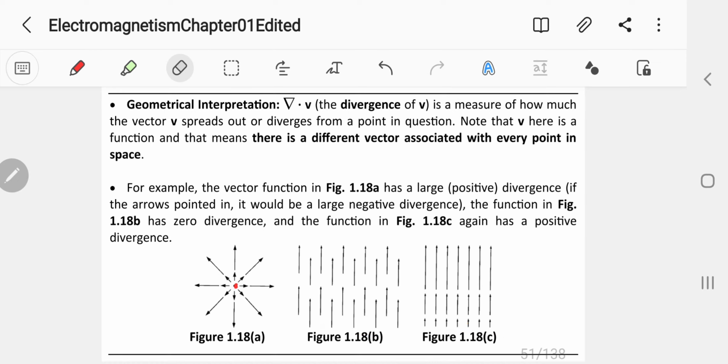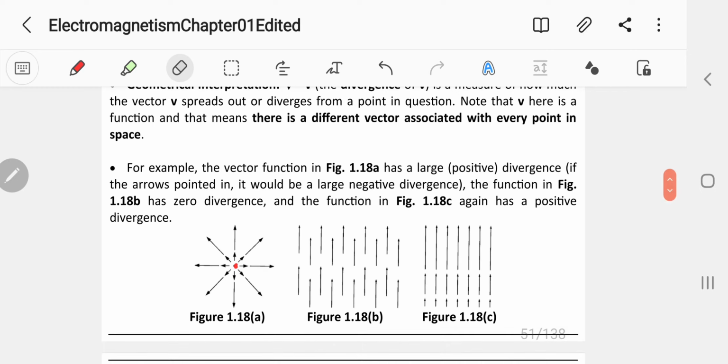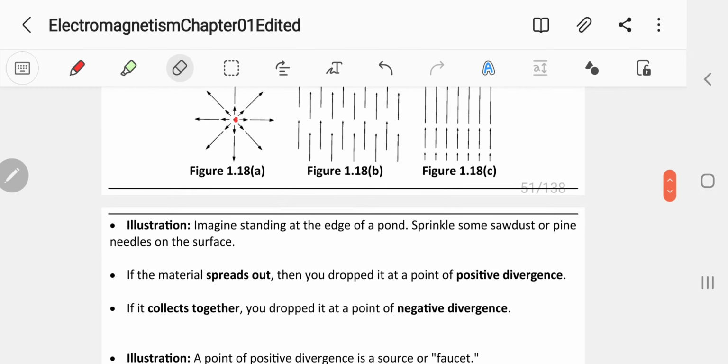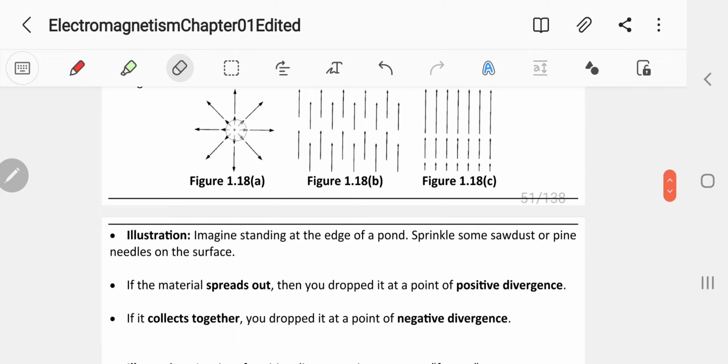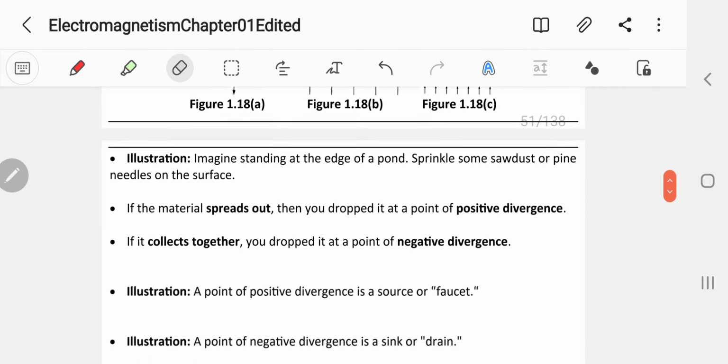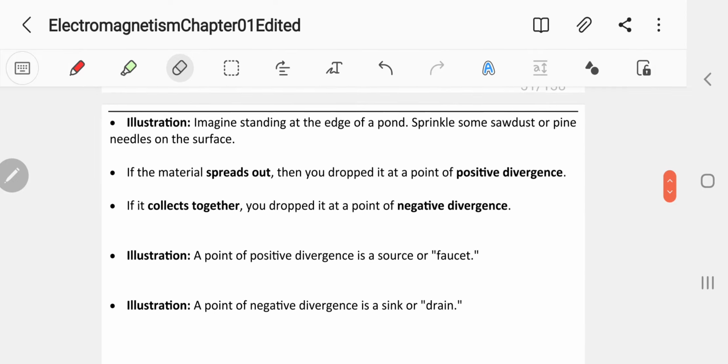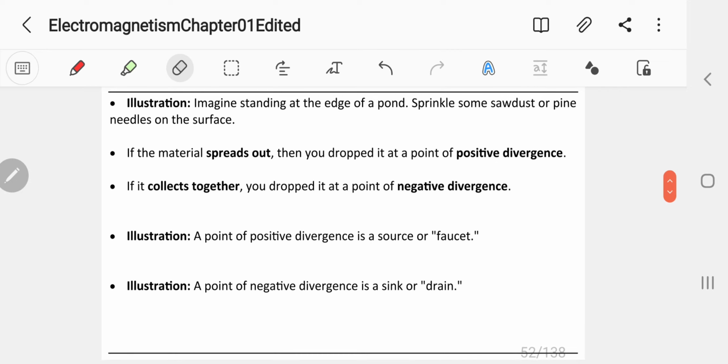So if you have a line source, as an illustration, I will just read this.